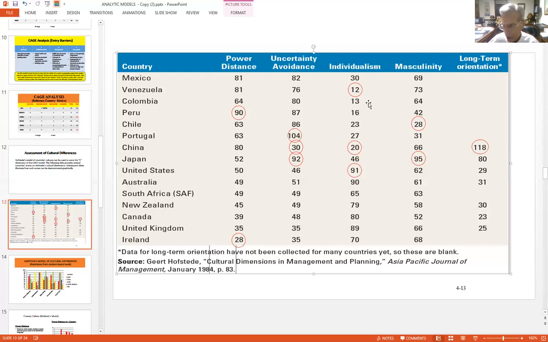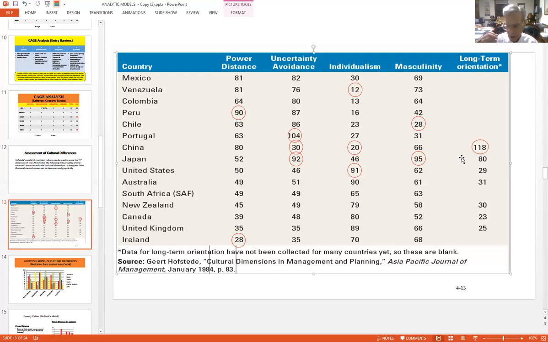Anyway, this takes us to the last item that was added some time ago, and that is the long-term orientation. And you can see, and I can attest to this, the Chinese don't think in terms of tomorrow.